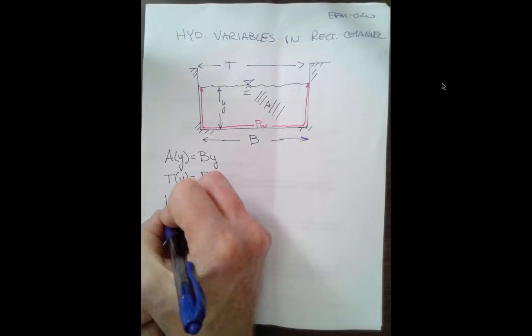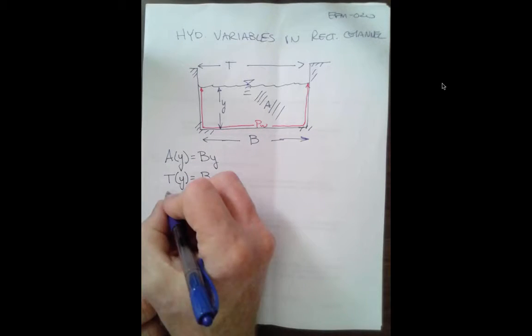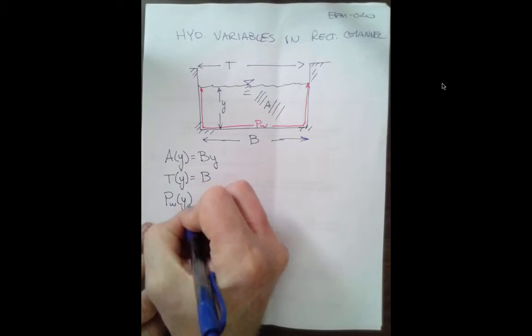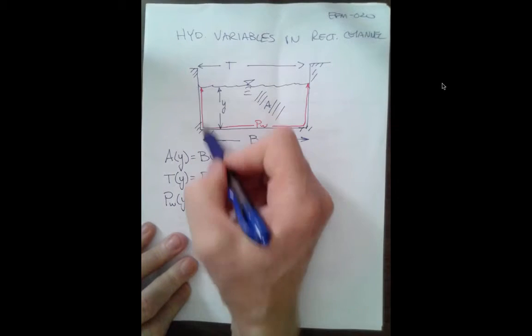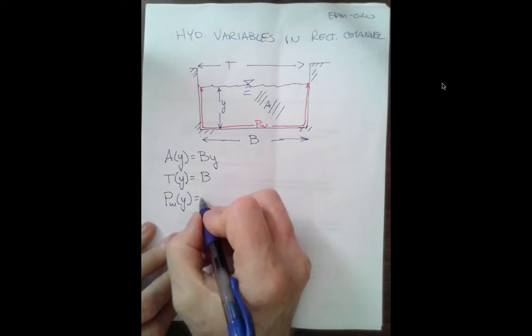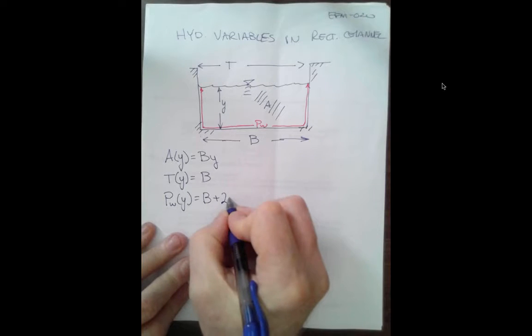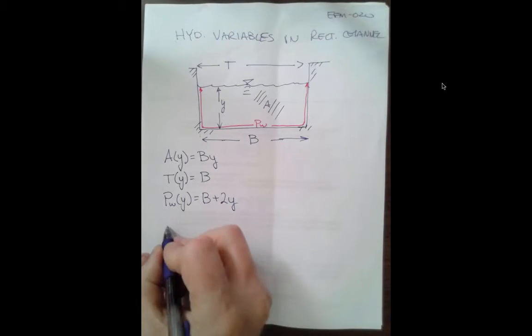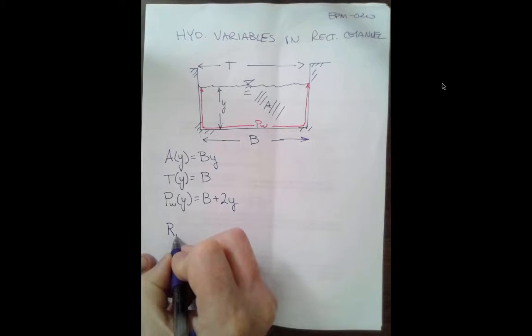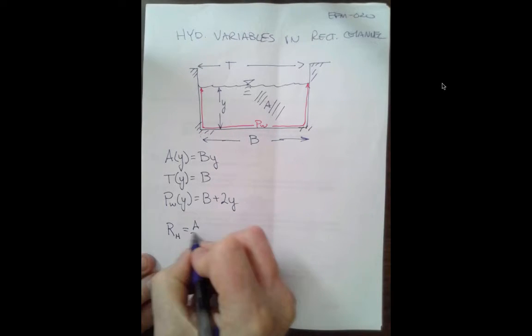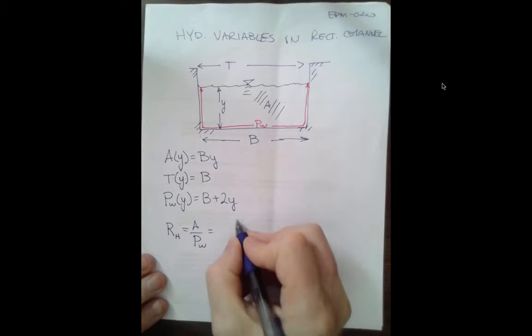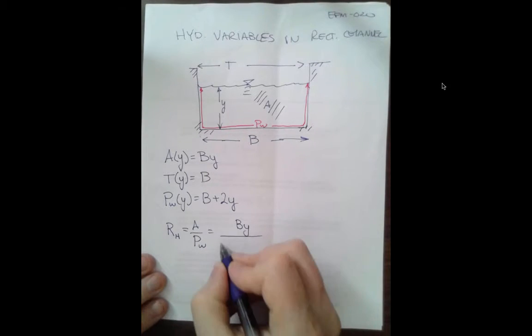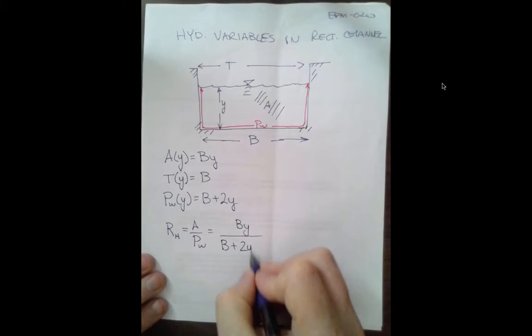And the wetted perimeter is a function of y. Well, there's y plus b plus y, so b plus 2y. And if we wanted to algebraically write out the hydraulic radius, it is defined as area over the wetted perimeter, which is by over b plus 2y.